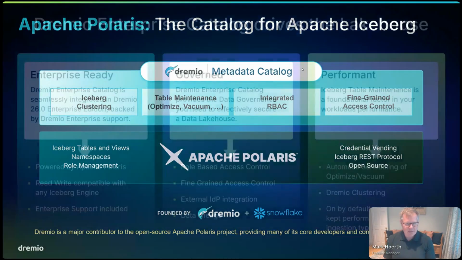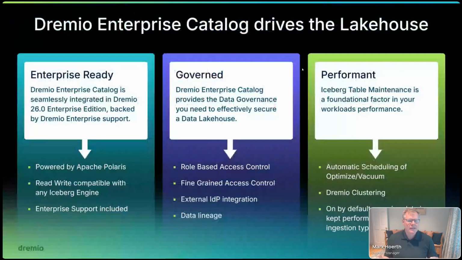Now, what this means is that the Dremio Enterprise Catalog takes the foundation of Apache Polaris and makes it really available for your enterprise in a package that's ready to support your most complicated use cases. First of all, the Enterprise Catalog is enterprise ready.